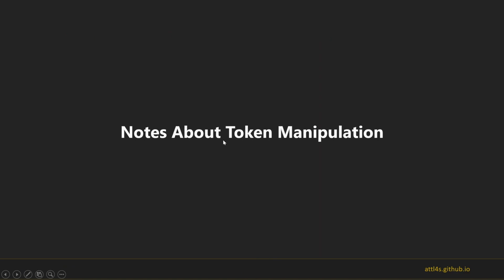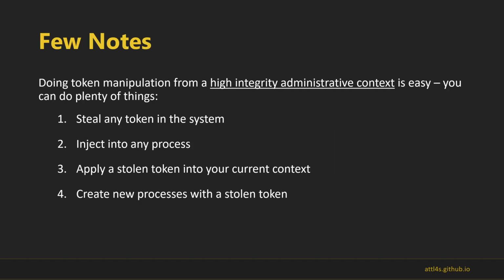Okay, so finally we will talk about a few notes. If you have a high integrity administrative context, we know manipulating tokens is easy because you can do everything. You can steal any token from other users, you can inject into any process, you can apply a stolen token in your current process, and you can also create new processes with a stolen token.